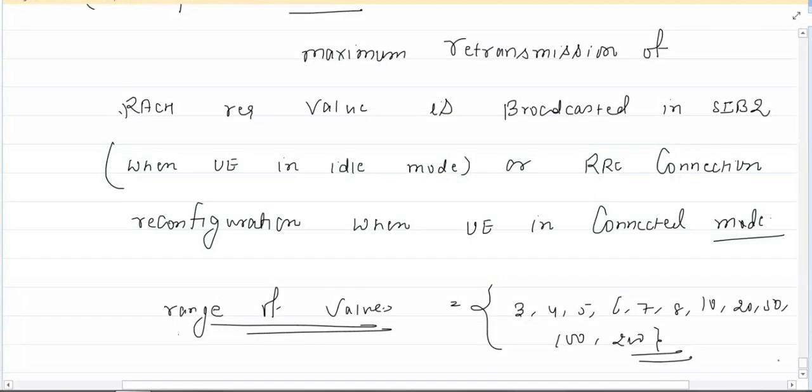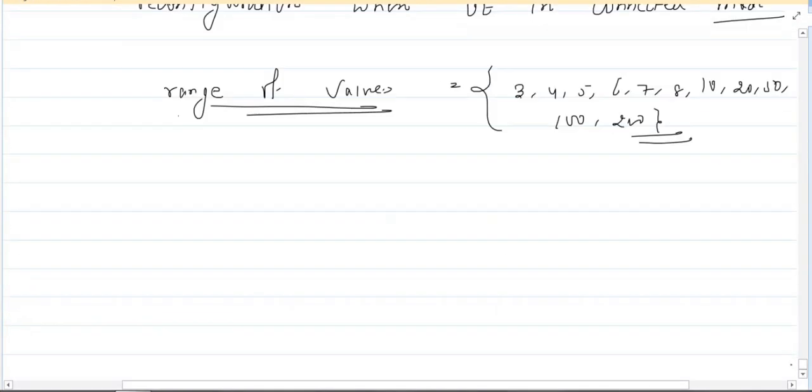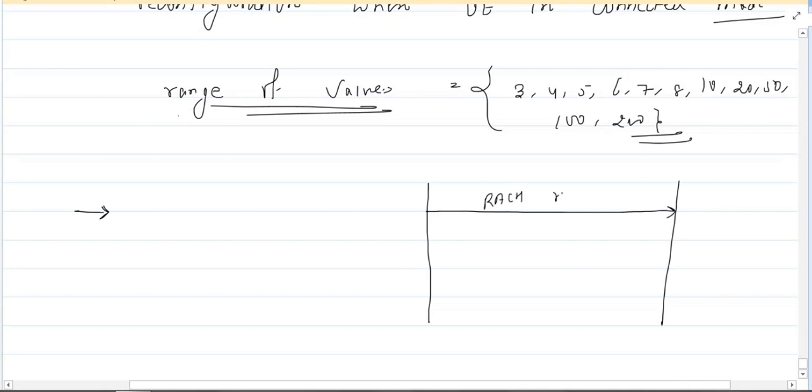So one more thing, once you transmit the RACH request, then you receive the RACH response. Suppose you could not receive this RACH response, then what will happen?